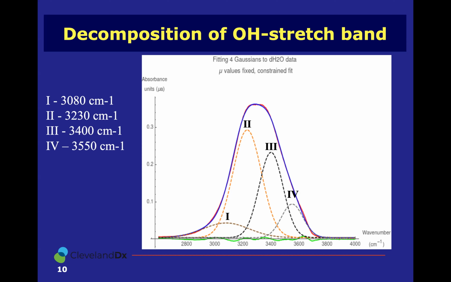And the idea is that Gaussian number 1, at 3080 cm^-1, represents a subpopulation of water with ice-like structure. Gaussian number 2 represents a subpopulation of water with also 4 hydrogen bonds, but with a distorted structure. Basically, the angles of the bonds are not as clearly defined as in ice. Gaussian 3 is the subpopulation of water with 4 and 3 hydrogen bonds.